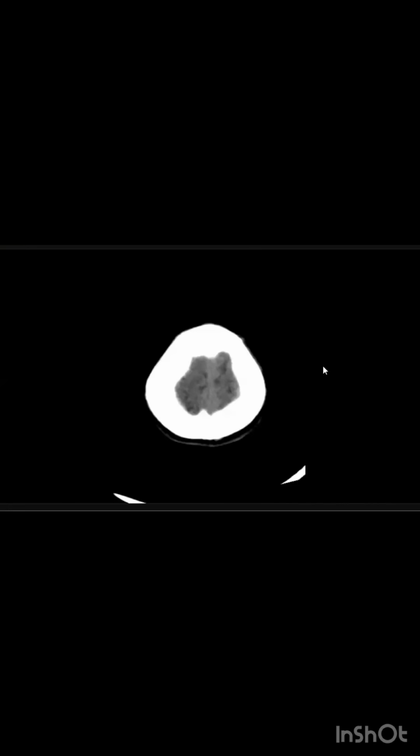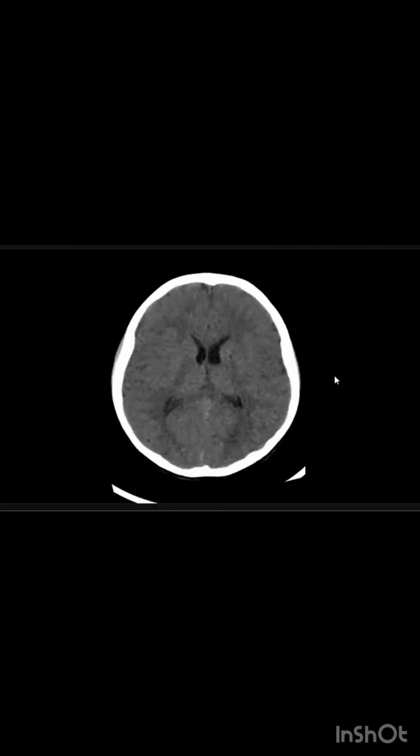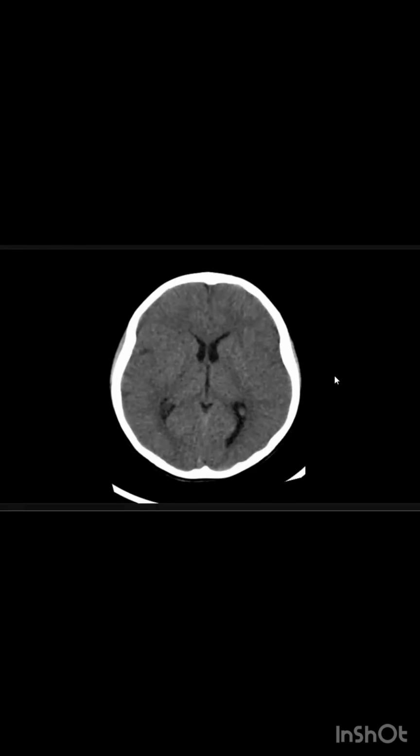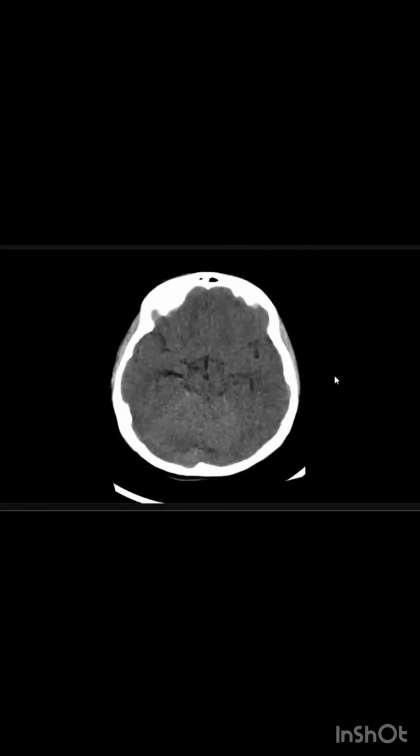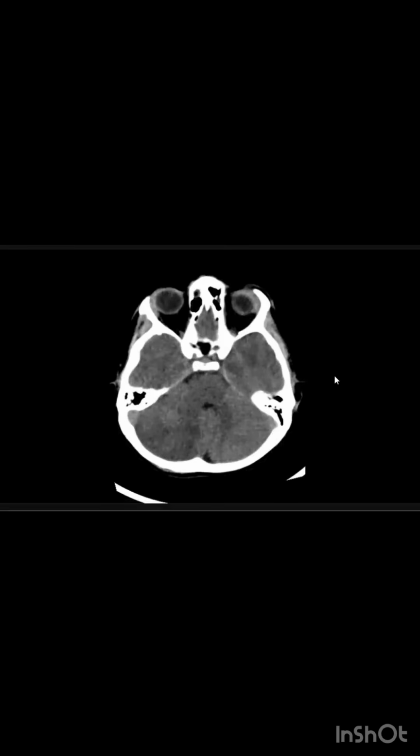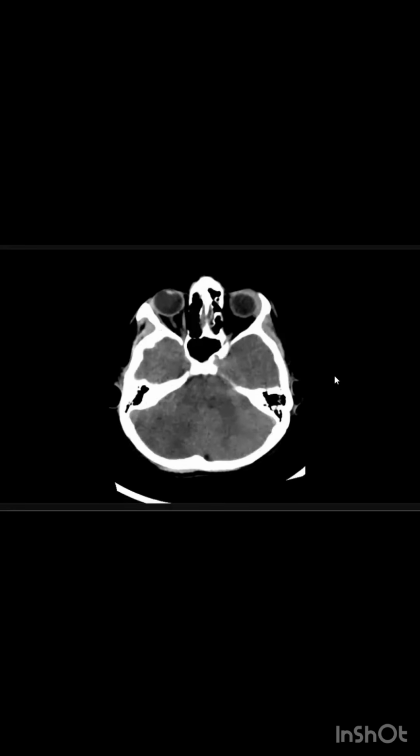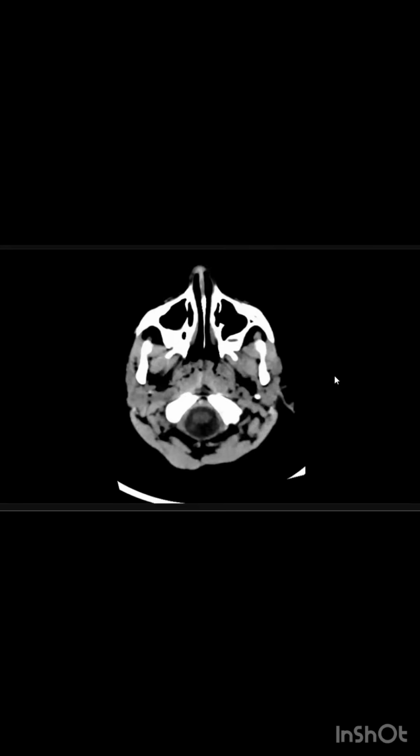I am provided with the axial images of a CT brain of an 11-year-old patient who came with a history of vomiting. I will first scroll from top to bottom and then comment.